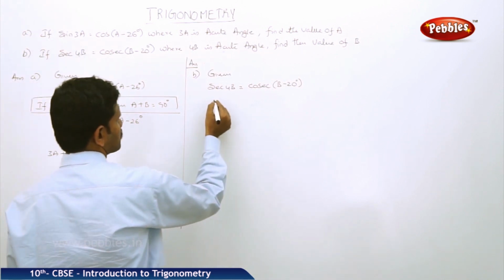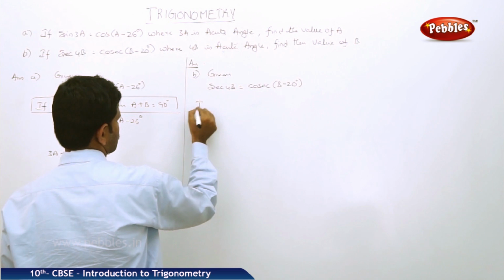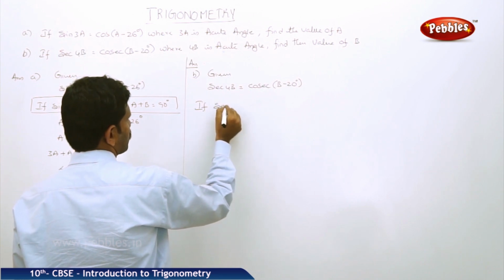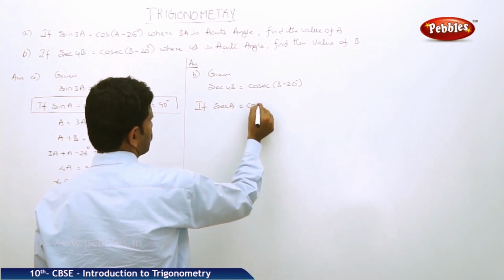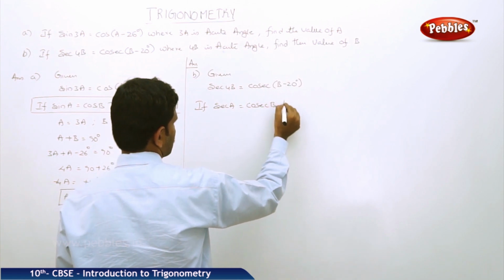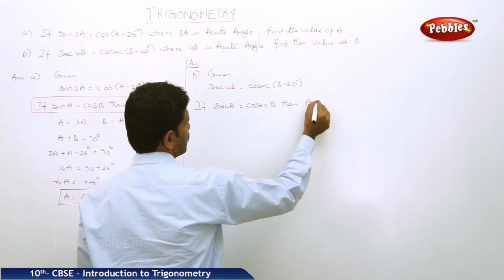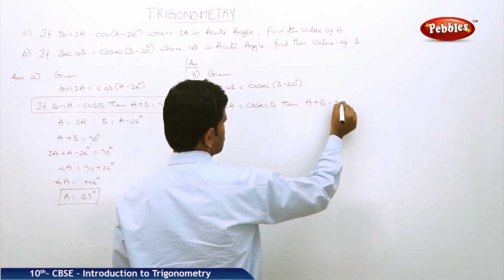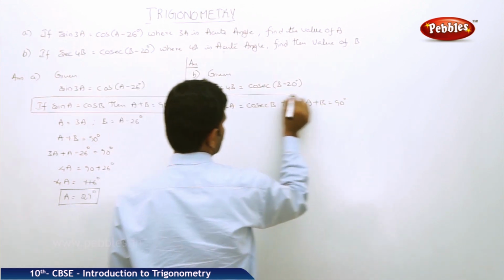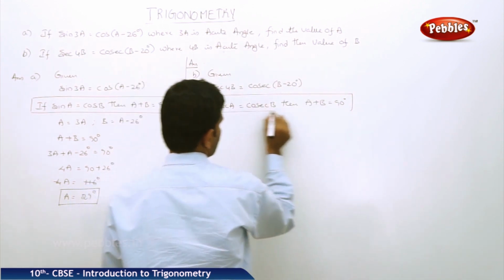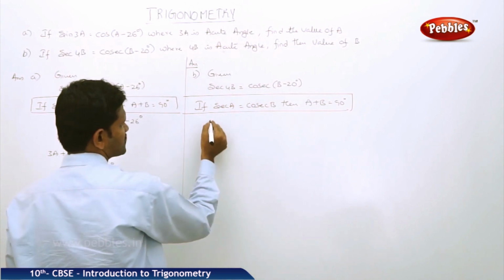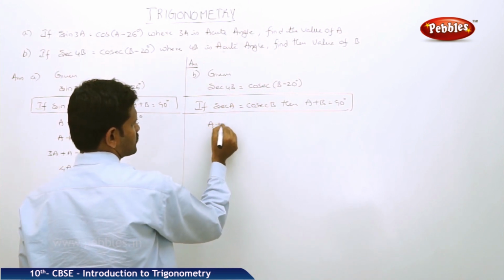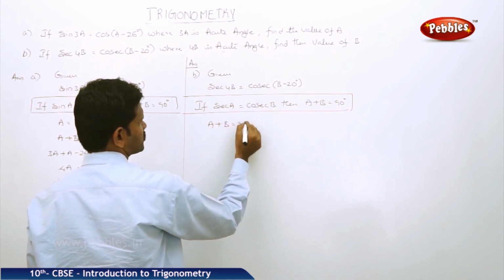That is, we know the condition, if secant A is equal to cosecant B, then A plus B equal to 90 degrees. This is the condition. Use this condition. That is, A plus B equal to 90 degrees.